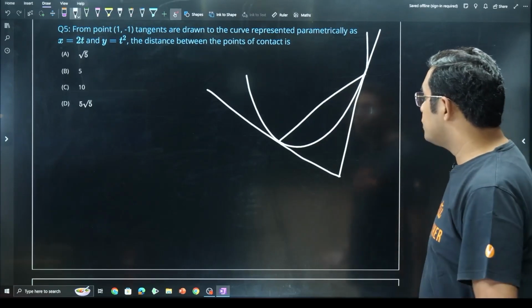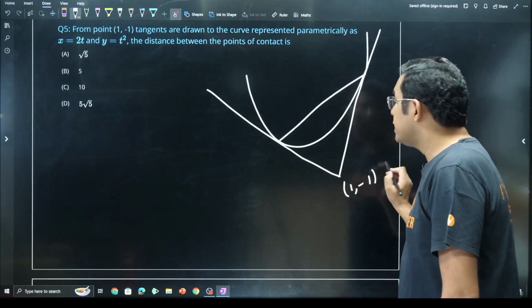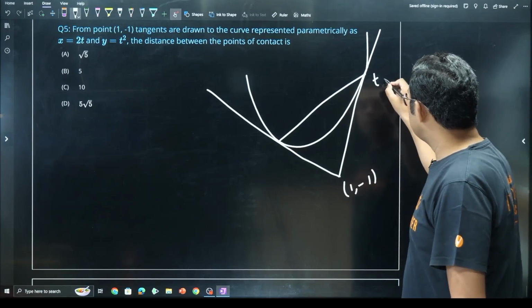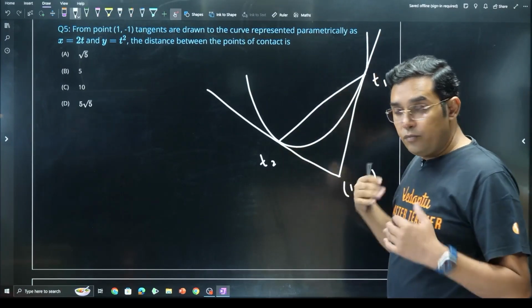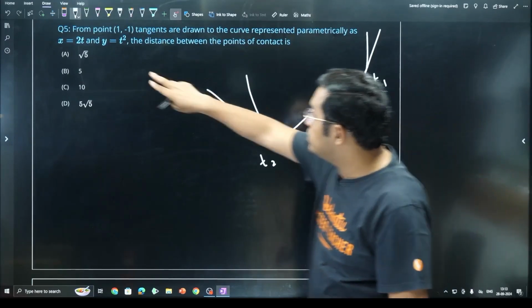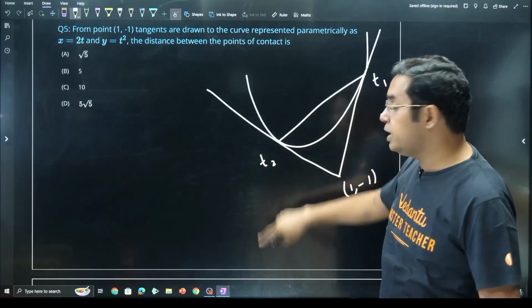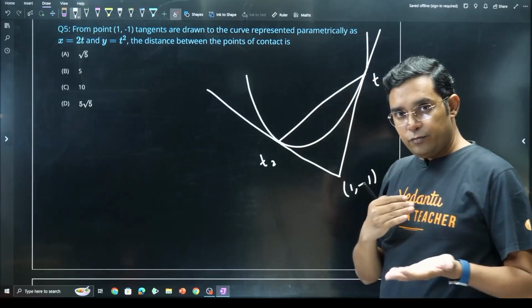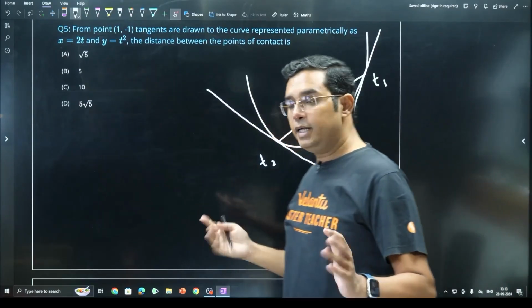Okay, now to do this question, this point is (1, -1). We can say these points are T1 and T2, which can be represented as (2t, t square). For one it will be T1, for the other point it will be T2. But to start this question, I will take just (2t, t square) only.